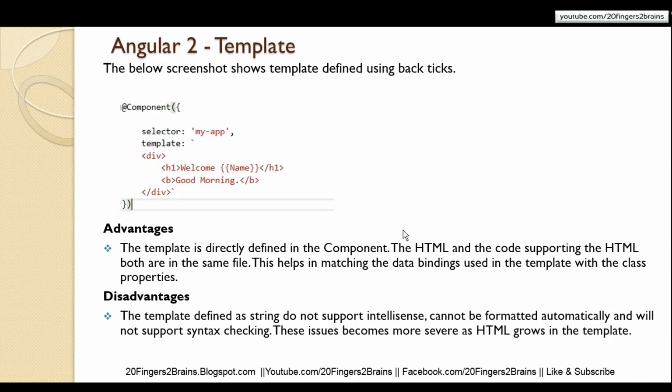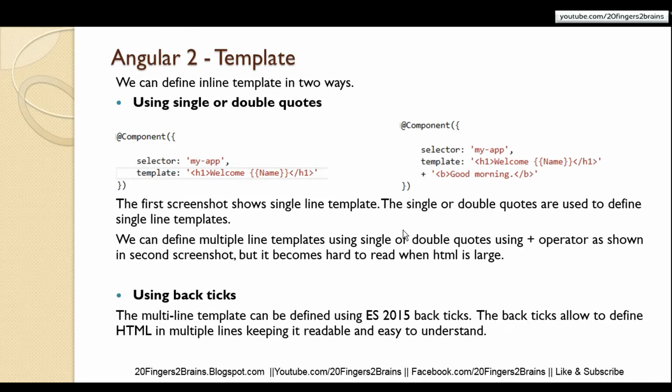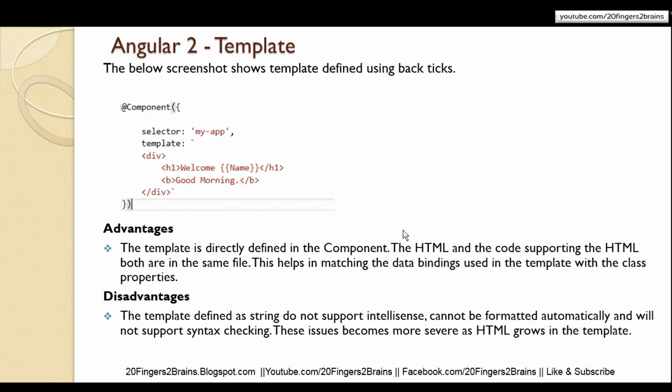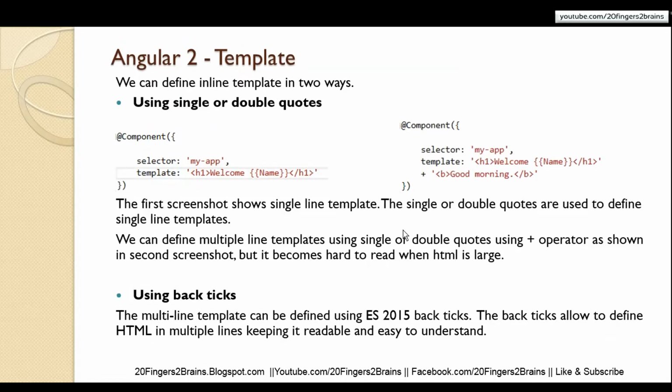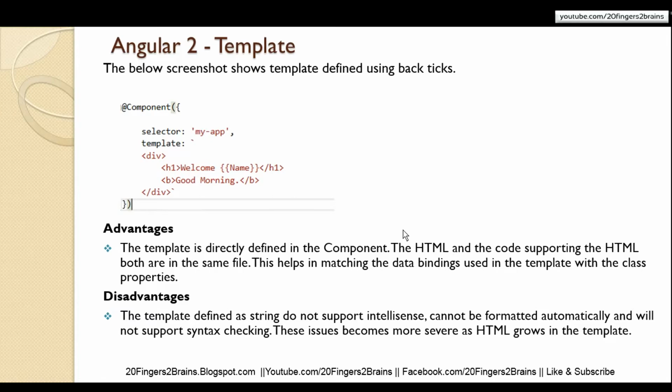If you compare it with the previous screenshot of the multi-line template, this one with the backticks looks more readable and easy to understand. So these are the two ways. Either you can use single or double quotes, or you can use backticks for defining single line or multi-line inline templates.